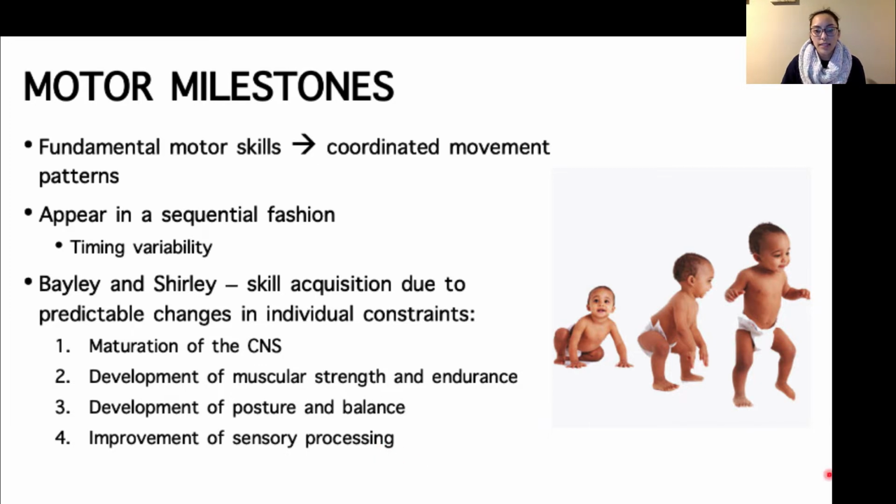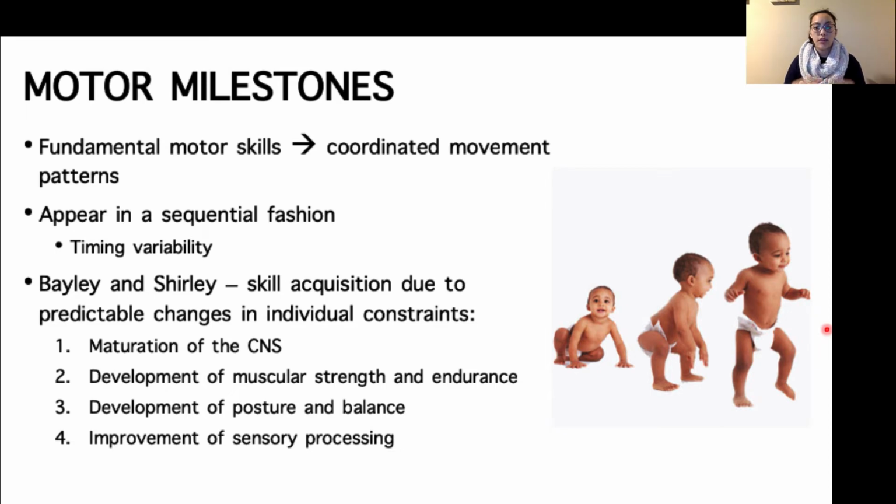There have been some updates to some of the milestones that Bailey and Shirley had originally defined. There was a study done by the World Health Organization in 2006 that sampled about 800 children from 5 different countries, and they observed 6 of the primary milestones: sitting without support, creeping, standing with assistance, walking with assistance, standing alone, and walking alone.